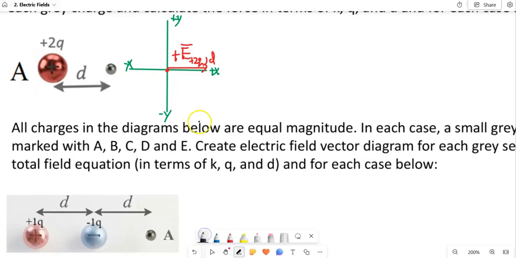All right. So we're labeling it just the same way that we did. Normally, we would put like a positive 1Q here in the center, and that would help us construct our force equation. But since there is no charge at this sensor, it's just, where is the sensor placed?